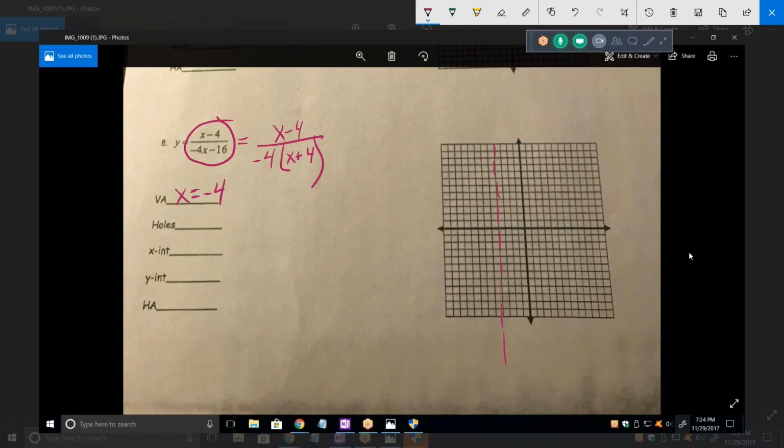Next. There are no holes. It would equal -1/4. Yes, it's y, not x. You have to say y because, once again, this is a line. I'm going to draw it as close as I can, since it's just not 0, but it's not -1.